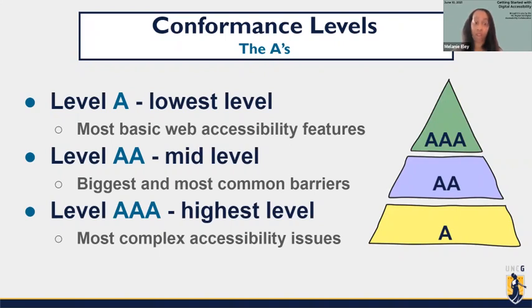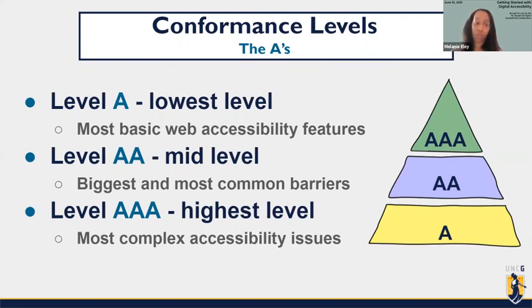The third level is going to be your highest, with the AAA. Honestly, at this time, I don't think most people are striving for complete AAA compliance. Occasionally, you may have someone who strives for AA, but maybe there are a few pieces within AAA that you want to address.